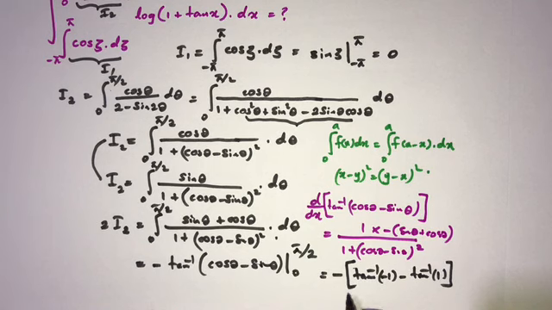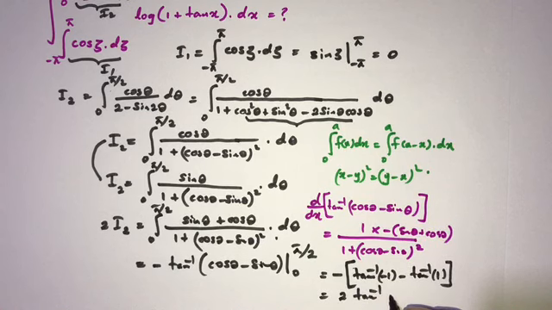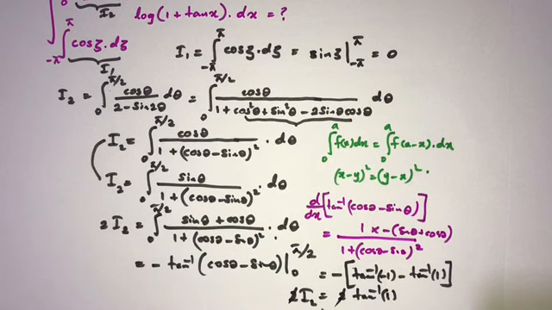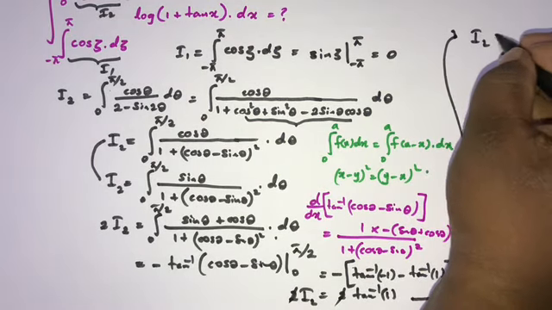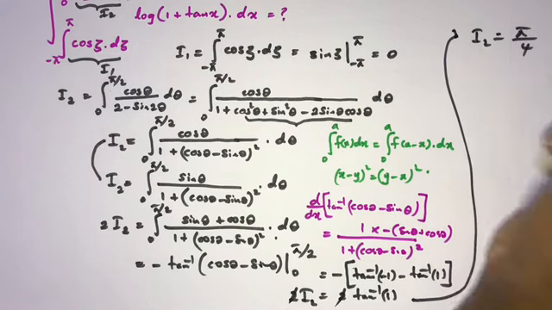Okay, now if we simplify this, we know 2 times inverse tan of 1, and this is equal to 2 times I2. Now the 2 gets cancelled and we can write I2 is equal to π over 4. So I2 is equal to π over 4.